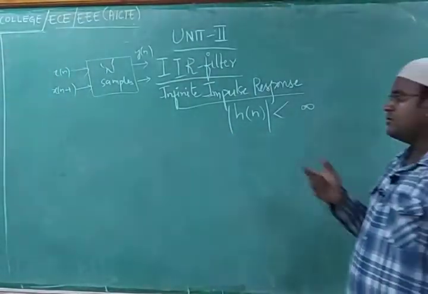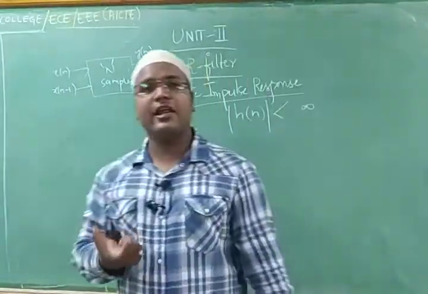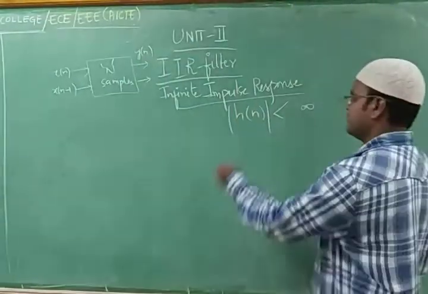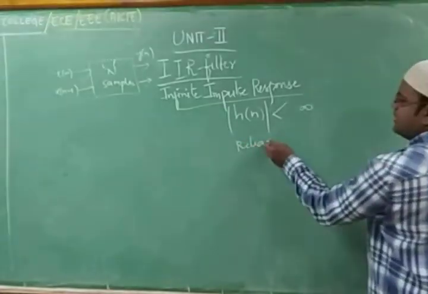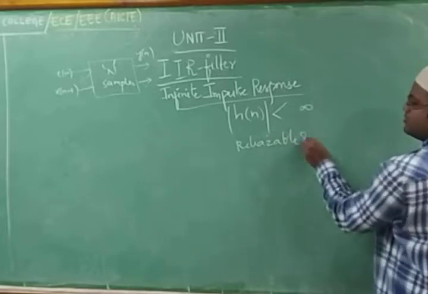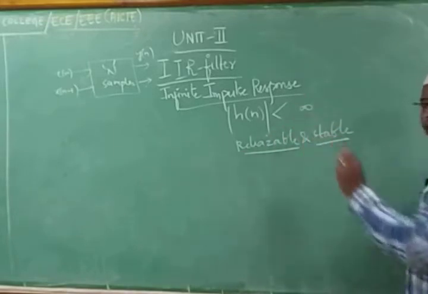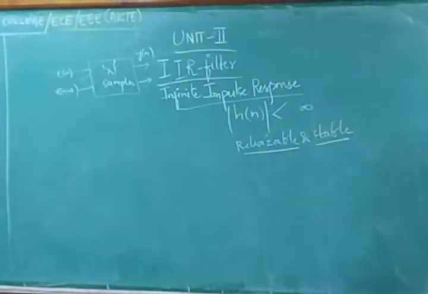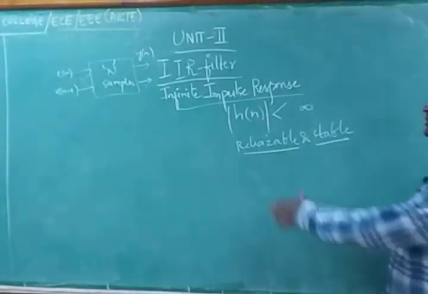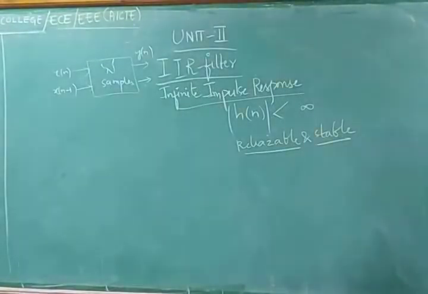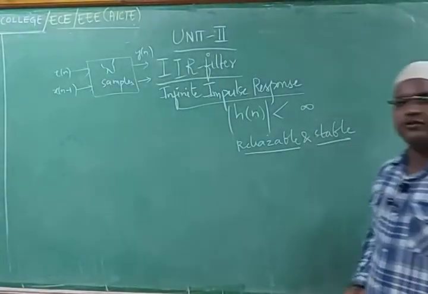That means it should be a realizable function. Whatever filter we use should be realizable, and it should be stable. That means we need to get the response of it, the output of that particular response. If you are getting that response, that means it is realizable.